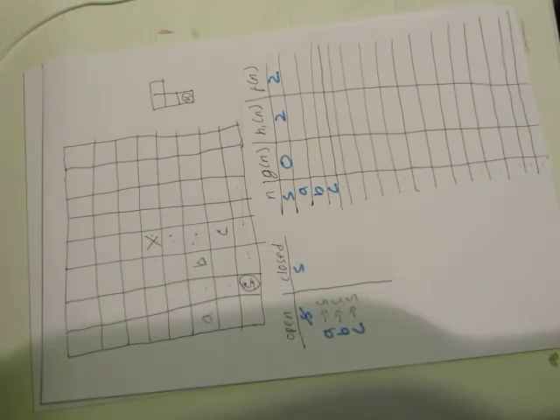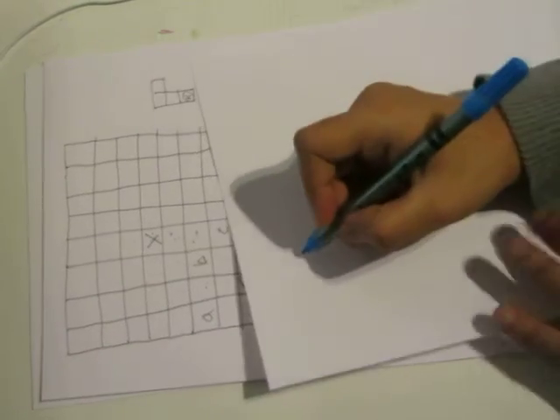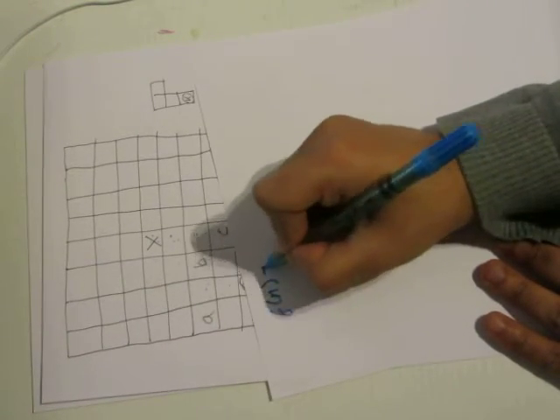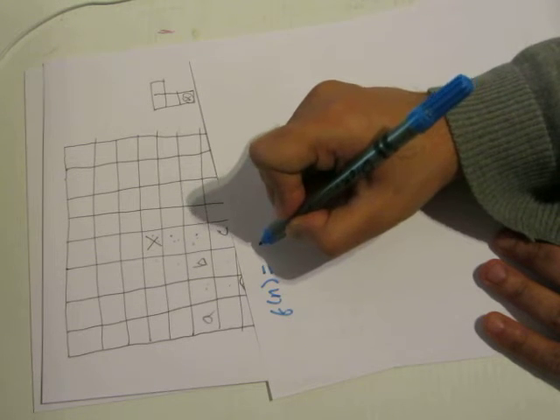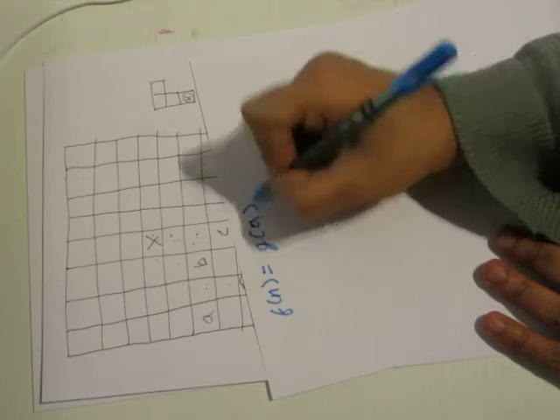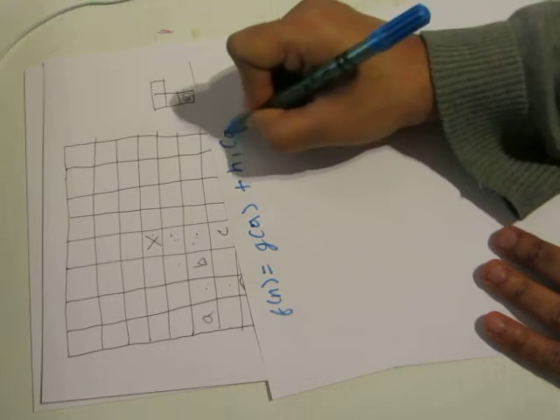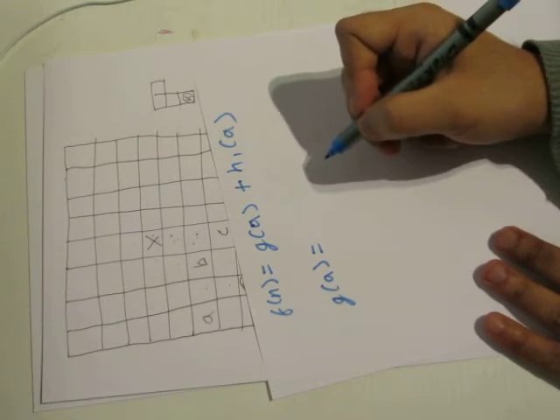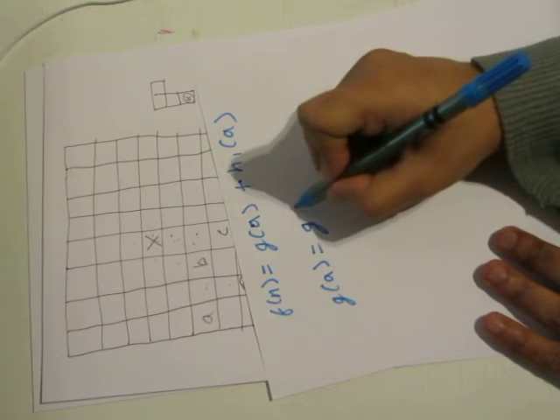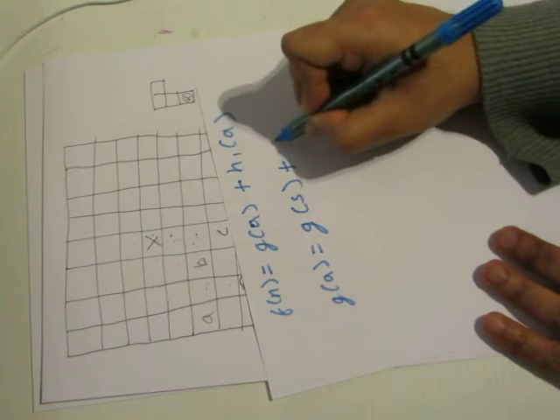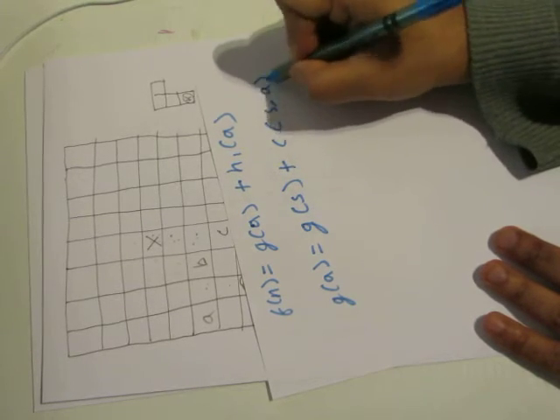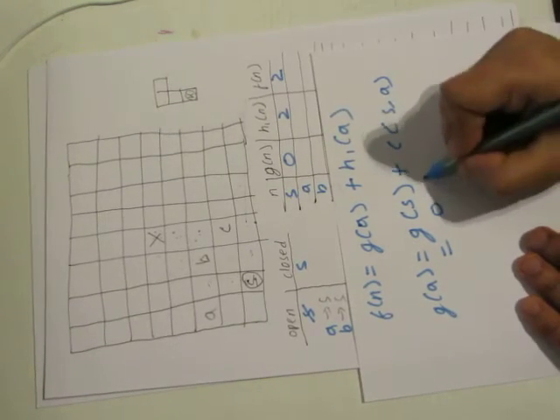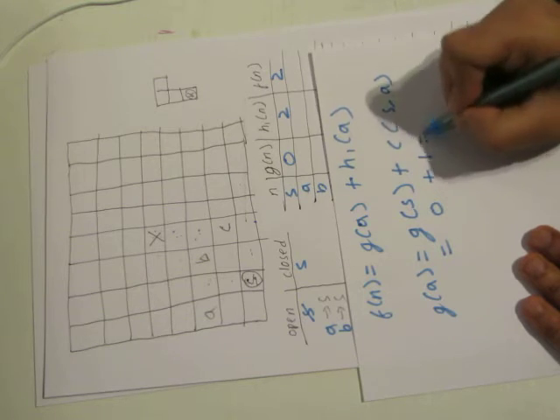Okay, so what would be the f(n) of a? f(n) of a is g of a plus h1 of a. g of a is g of s, the parent, plus the cost of going from s to a. g of s is 0, we see from here, and the cost is 1, which gives you 1.